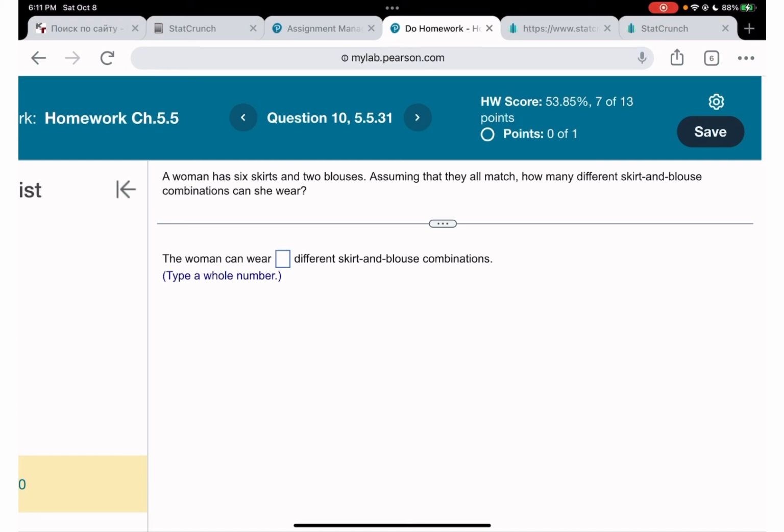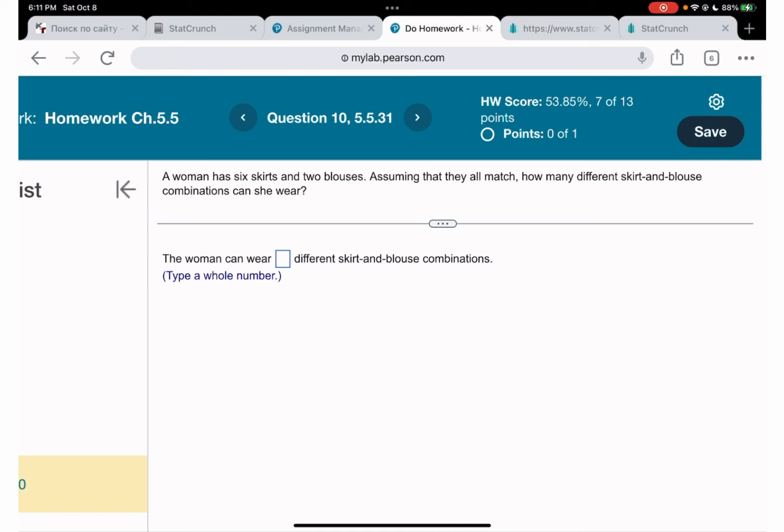If you are stuck, I'm going to solve it. Since each one of them is participating, meaning they are all matching, you can wear any skirt with any blouse. That means we are not picking this or that.